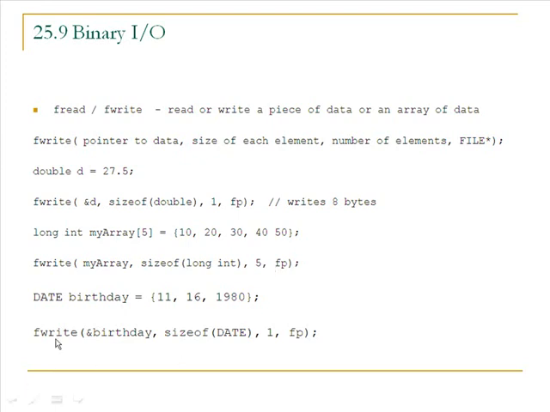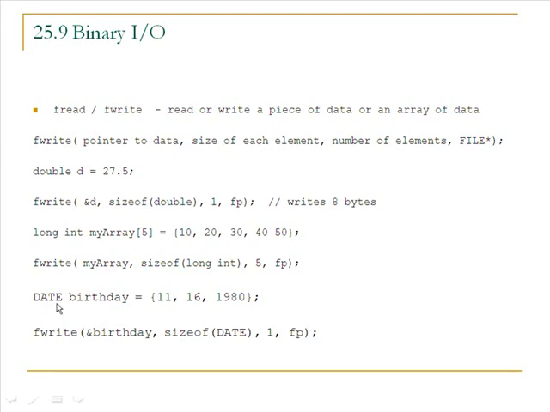You can also use fread and fwrite to read and write data structures or structs that you've created into a file. So remember in previous segments we had created a new struct called date, and we used a typedef, so we just have DATE in all uppercase. And here's the declaration of one of those things.